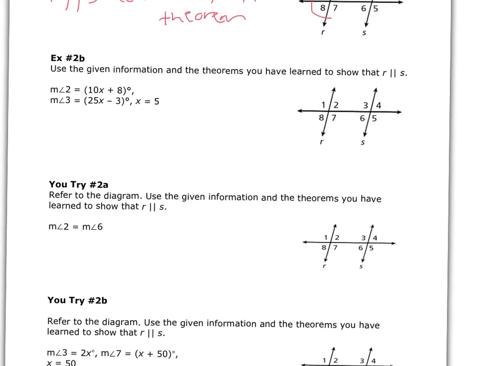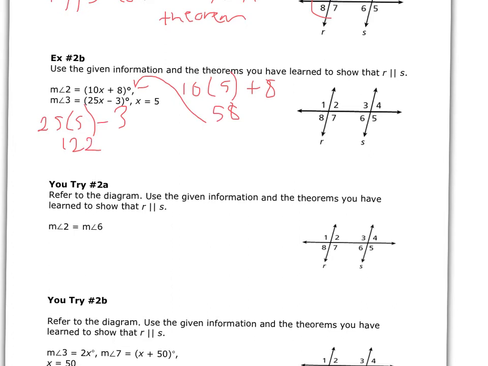So the first one, every time you see an x, you're going to plug in a 5. 10 times 5 is 50, and 50 plus 8 is 58. Let's try the other one. 25 times 5 is 125, and subtract 3 and you get 122.